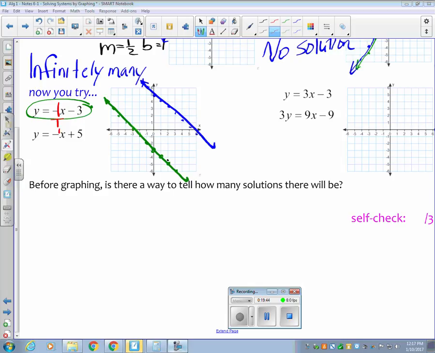The same for the second line. The slope is also -1 over 1. So when I graph these two lines, I see that they're parallel, so there are no solutions. There are no solutions because the lines are parallel.